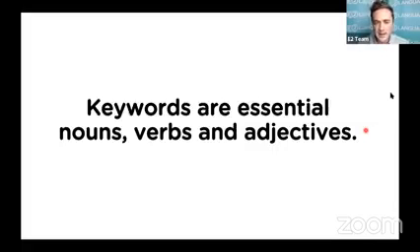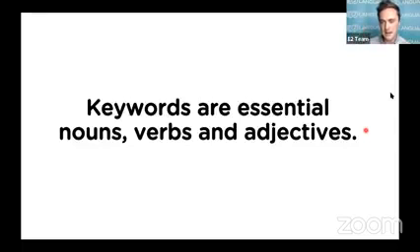For example, a keyword might be computer. It means something. If I say the word to you, computer, you get a sense of what that means. But if I say the word of, or across, or is, or slightly, it has less meaning, okay?